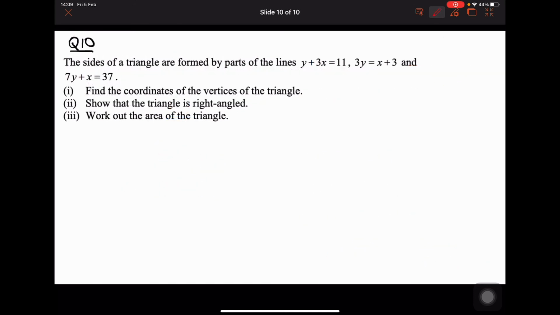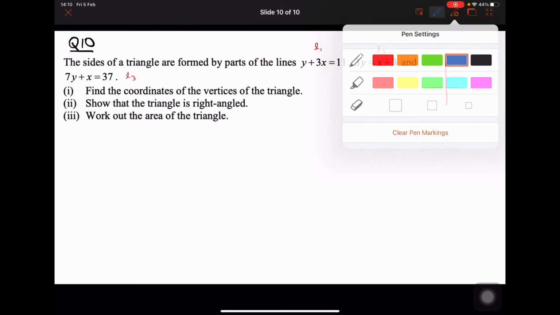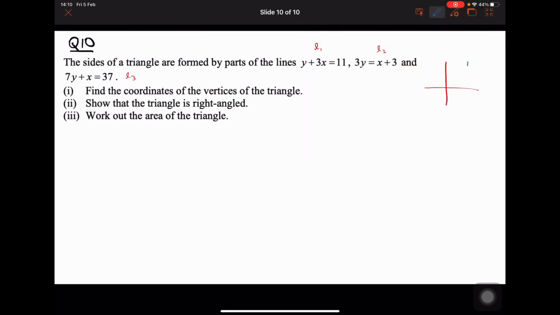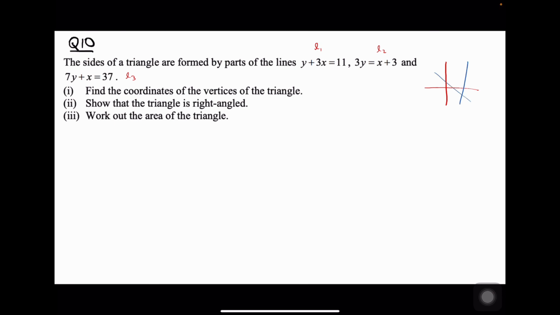Question 10 is another coordinate geometry question, and it looks similar to the previous question, but actually the reverse. So they've given us the equations, and we need to work out the coordinates of the vertices of a triangle. So we have 3 lines, so I'll write L1, L2, and L3. Just gonna draw a set of axes with 3 lines forming a triangle.